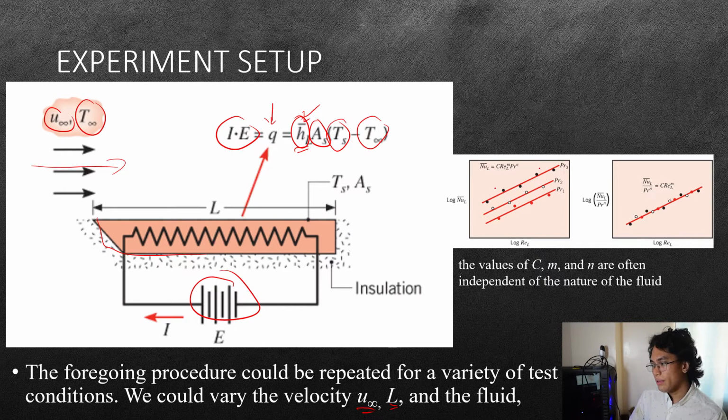Now, what they created is an expression of the Nusselt number in relation to a specific constant, the Reynolds number, and the Prandtl number. Because remember, varying these different variables here would change ultimately the variables concerned for the Reynolds number and the Prandtl number.